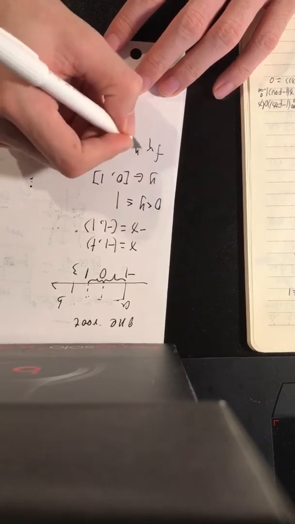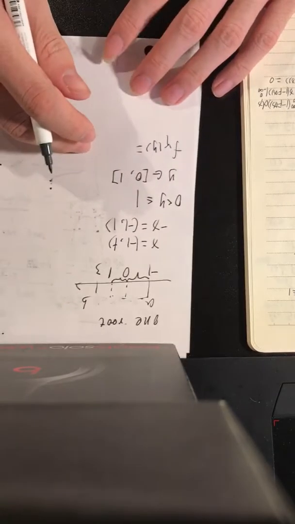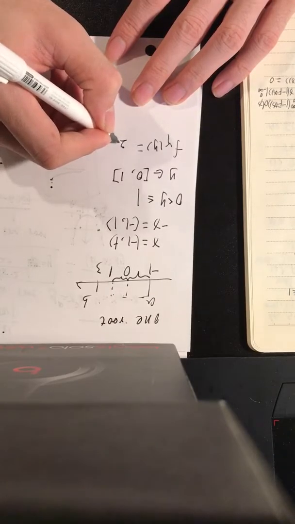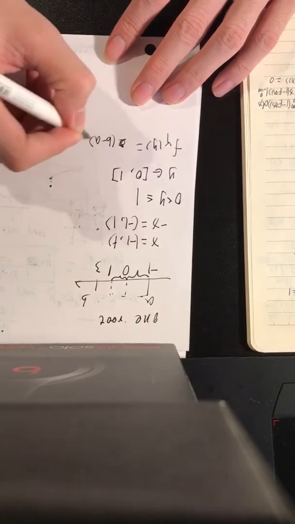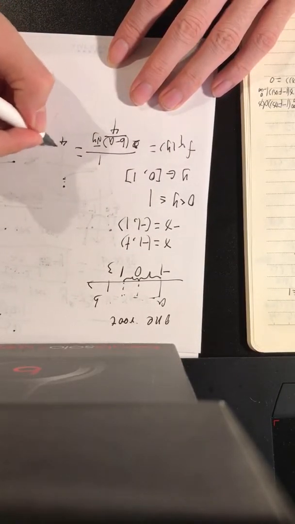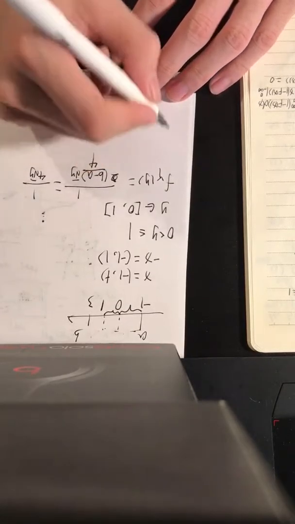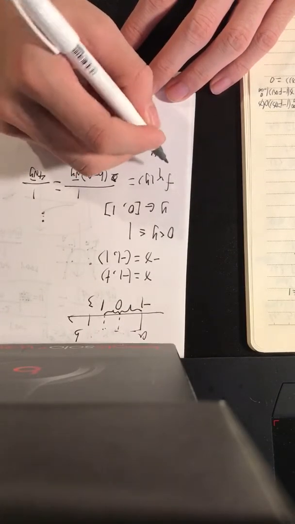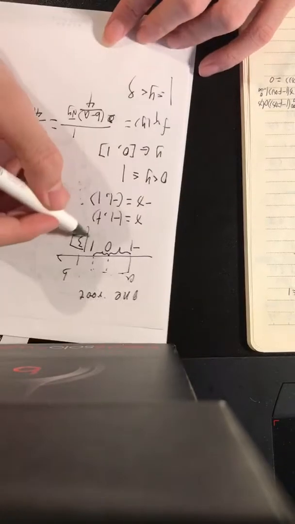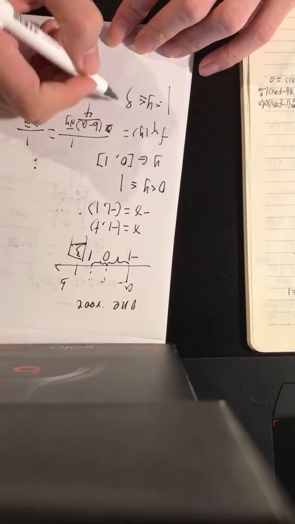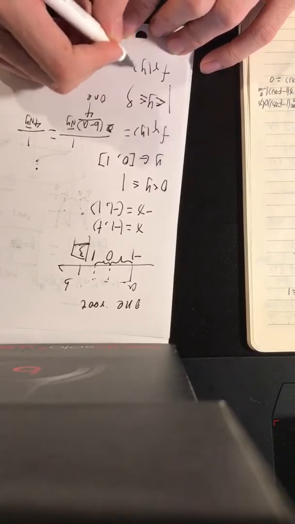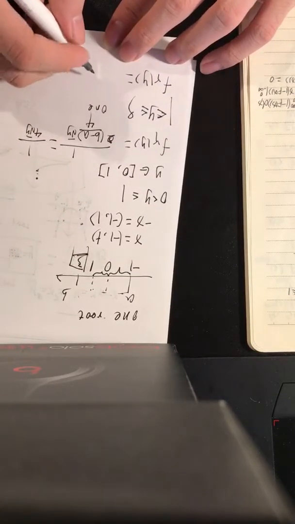So Fy, the PDF, should be this. In the other situation, x between 1 to 3, y between 1 to 9. Here only one root, so Fy, the PDF, should be.